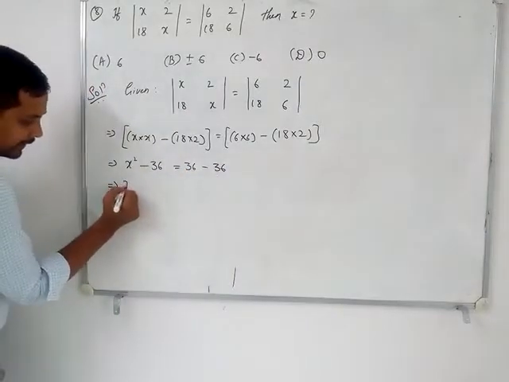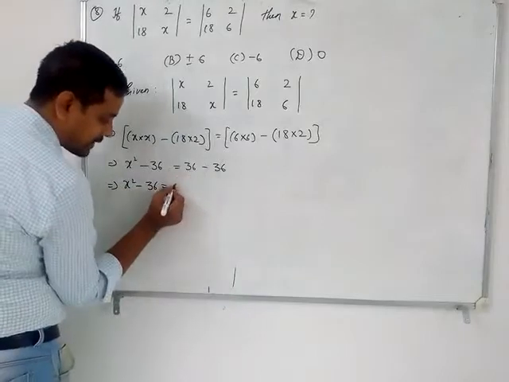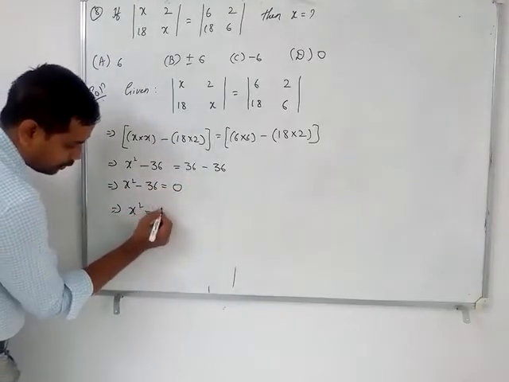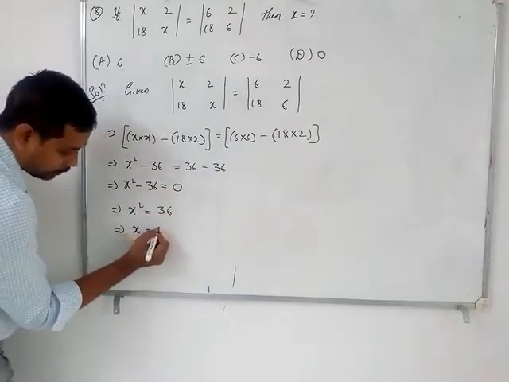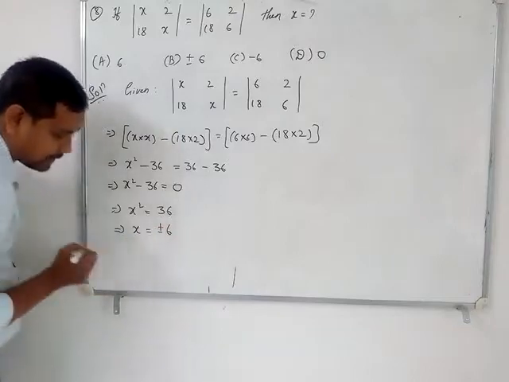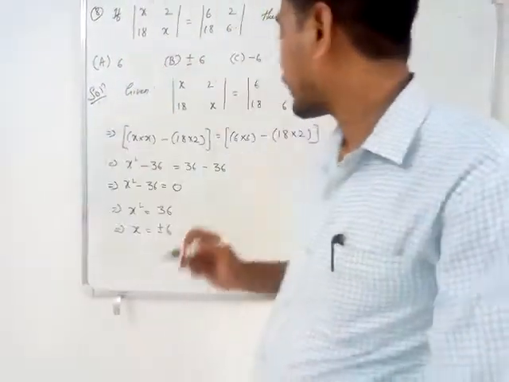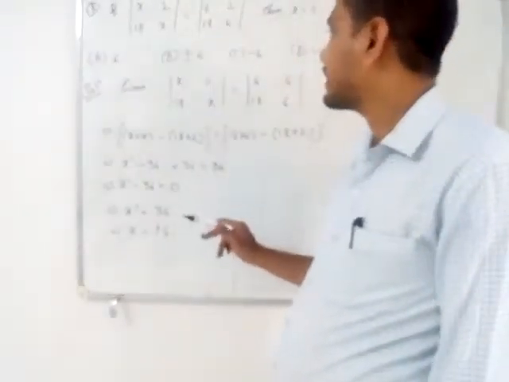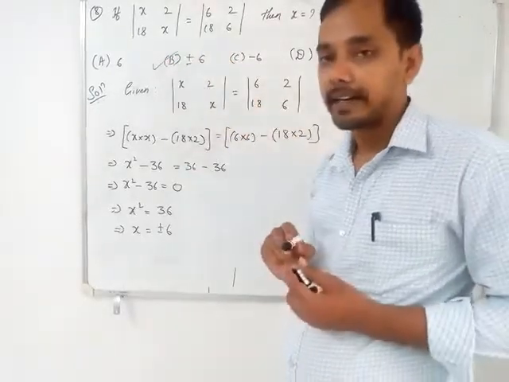So I can write x square minus 36 as equal to 36 minus 36 is 0. x square is equal to 36, and x is equal to plus or minus 6. So here you can see it is not only 6, it is plus or minus 6. Is that clear? So option B is your right one.